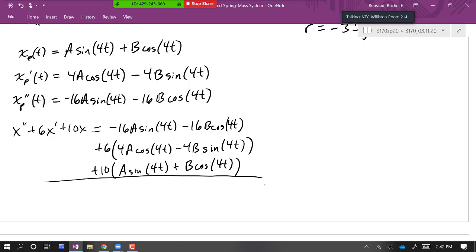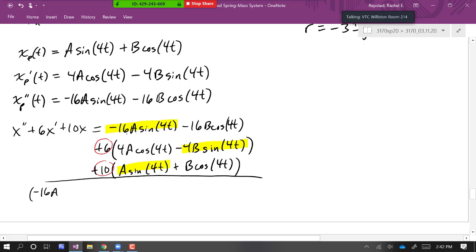Maybe we'll start with the sines. And don't forget when we need to distribute a factor through. So for the sines, starting at the top, we have negative 16a.